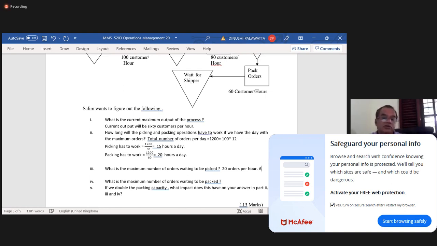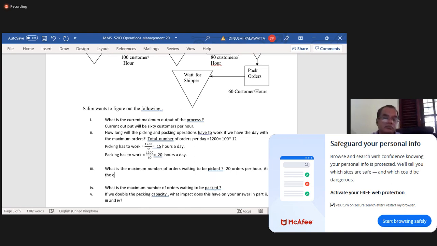At the end of 12 hours, there will be 100 minus 80 times 12.